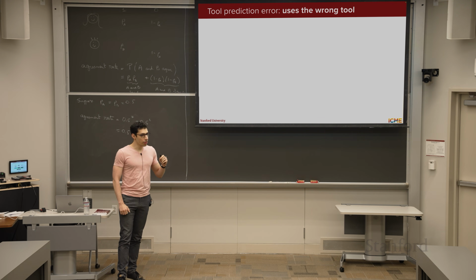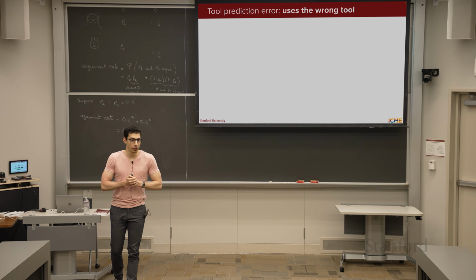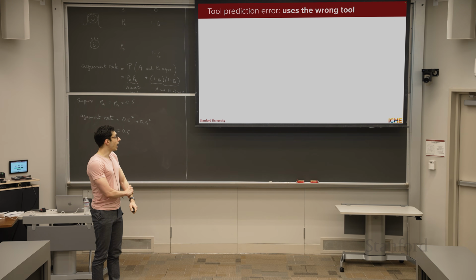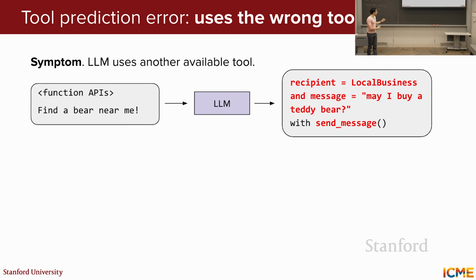Okay, now let's see a third possible failure cause. Let's say you have your model and your user prompts, but you just don't use the right tool. So here, if the user says, find a bear near me, one other reasonable approach would be, what if you just send a message asking for a bear?